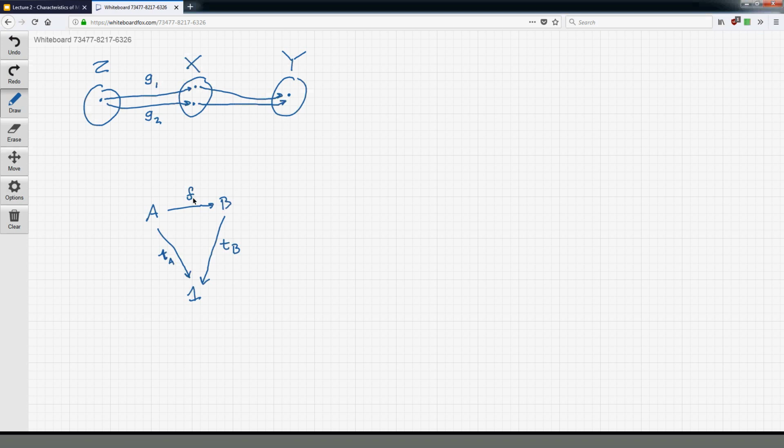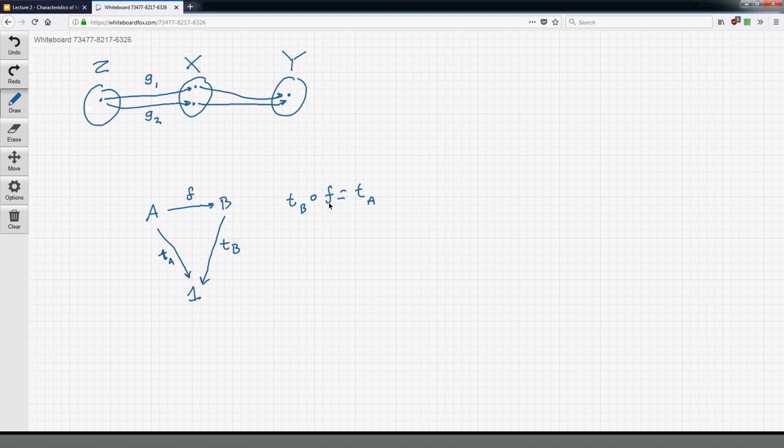So we know from our category laws that there's an arrow that's the composition of these two, right? You can go from A to B and then B to 1. So we have T_B composed with f, that's an arrow, right? But we know from our definition of the terminal object that there can only be one arrow from A to 1. So that means that this actually has to equal T_A.